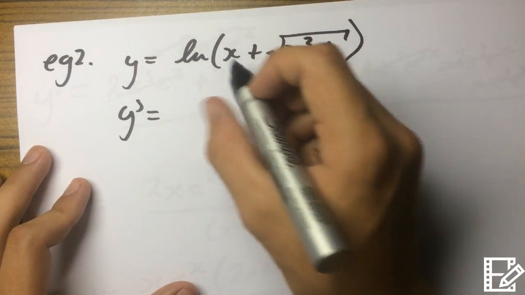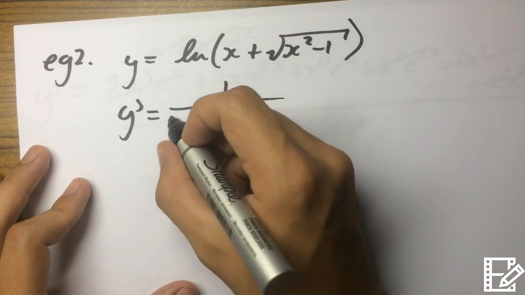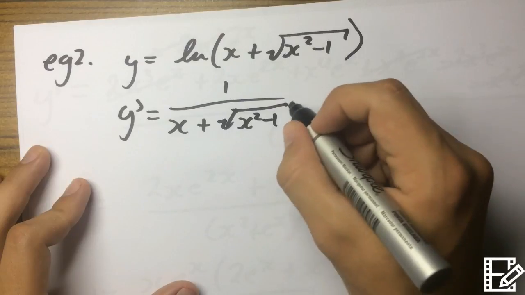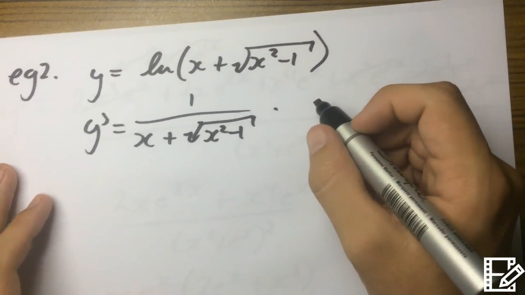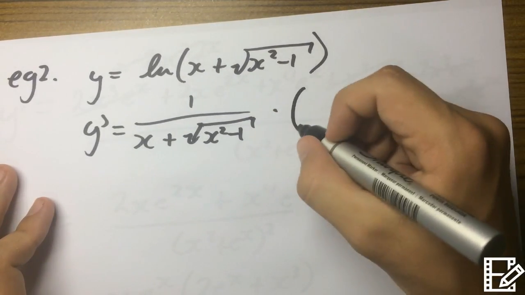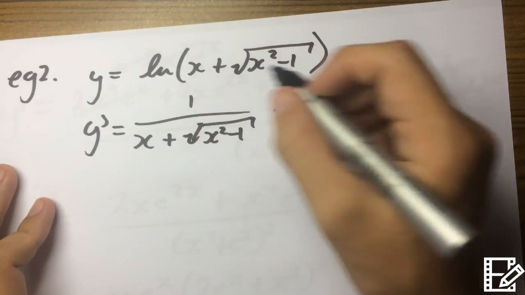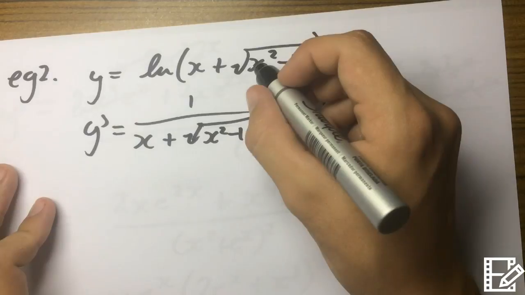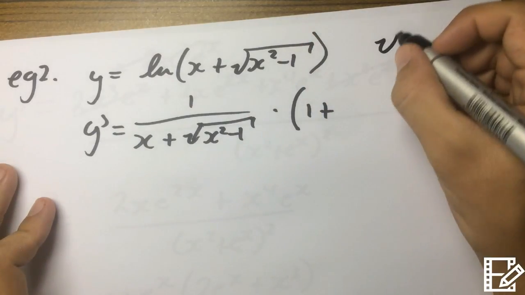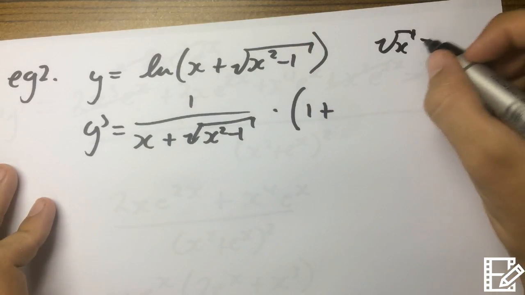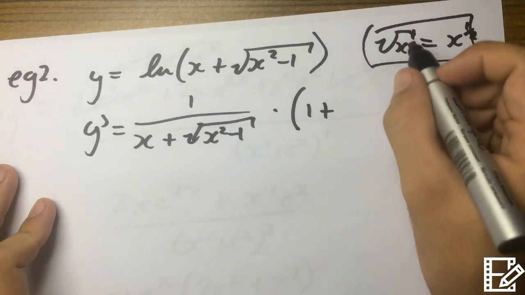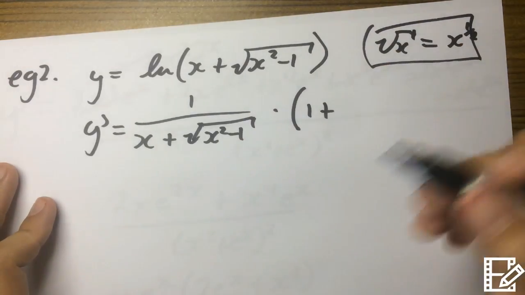The derivative of ln, the outside, is going to be 1 over everything on the inside, multiplied by the derivative of the inside. It's going to be the derivative of x is 1, plus the derivative of this here. We have a square root of x, that's the same as having x to the power of a half. So we can assume that this is to the power of a half, because it is.